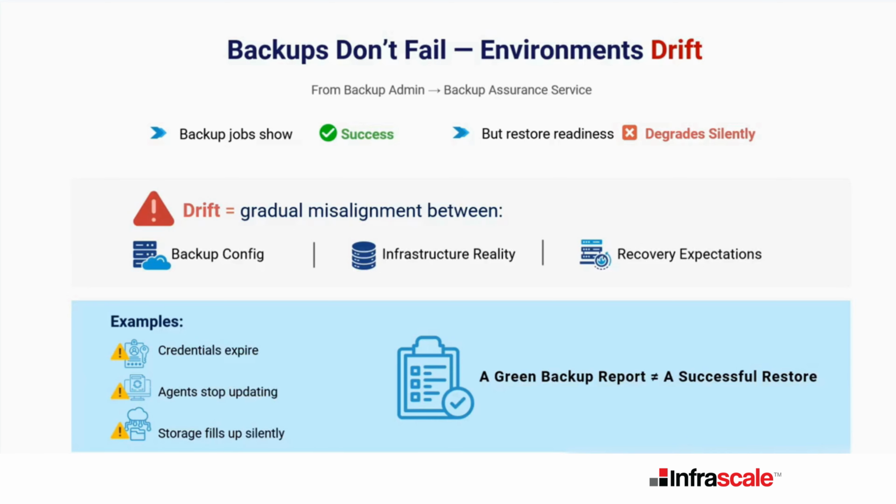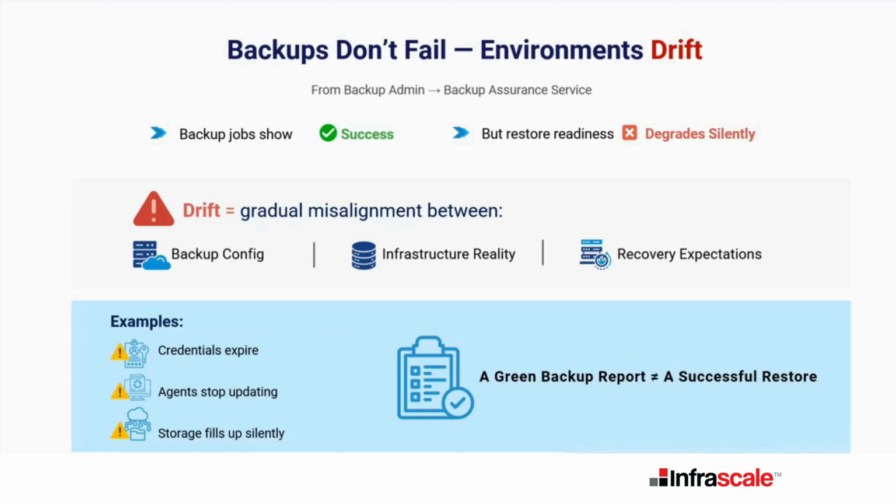Individually, these might seem like small issues, but together, they create a situation where your backups look fine, but your ability to recover is compromised. And that brings us to the most important takeaway on this slide. A green backup report does not equal a successful restore.